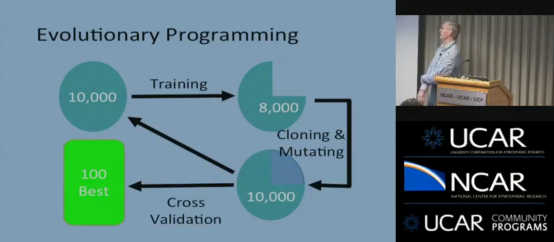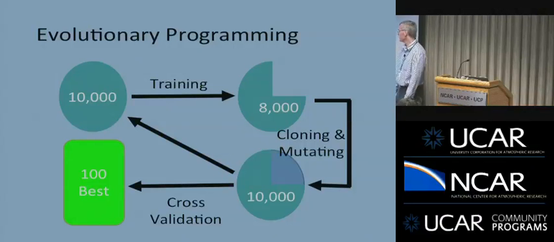I'm sorry, we take the top performing 20% and we allow those to clone and mutate, and those replace the worst performing 20%. Then we check a master list, which at the first step has nobody in it, but we look for the 100 best performing algorithms at that stage based on the cross-validation data set.